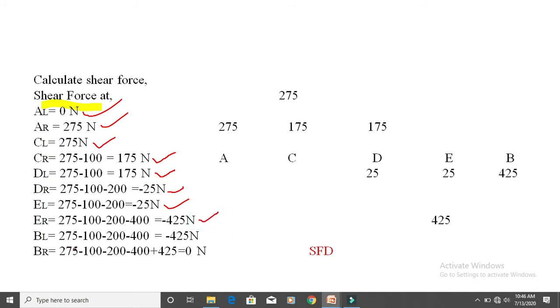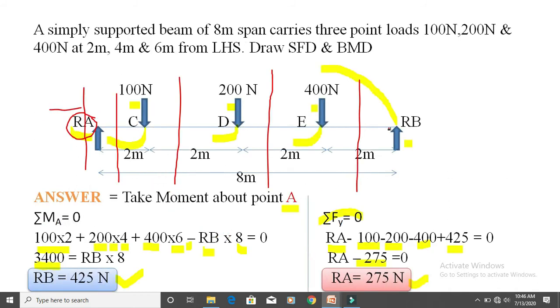B of left is also the same, 275 minus 100 minus 200 minus 400, equal to minus 425 Newton. Here is this B of left, which means this line is drawn left of the B, like here. Now you see the left of that line, there are four forces, 1, 2, 3, 4, which is also the same.